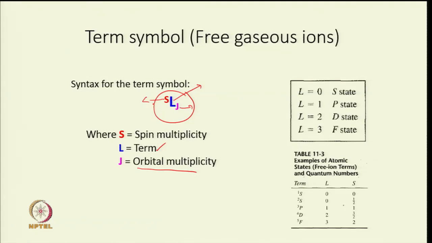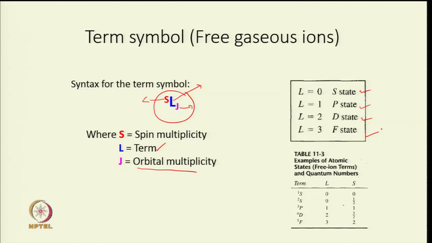For L equal to 0 we have an S state, L equal to 1 a P state, L equal to 2 a D state, and L equal to 3 an F state. I discussed this earlier when discussing terms for different electronic configurations.